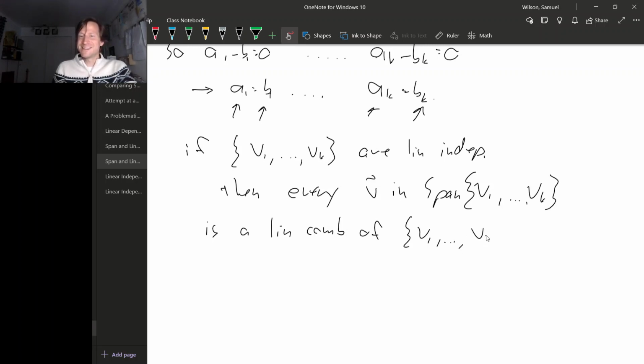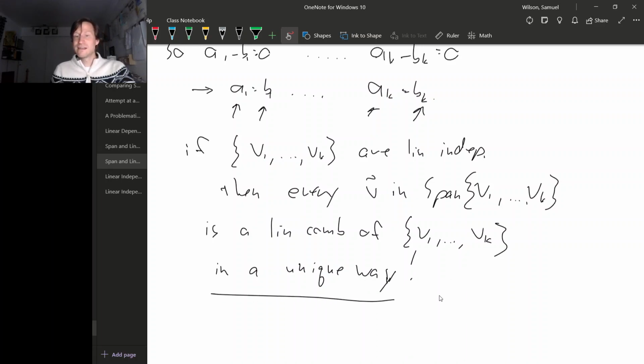So far we haven't said anything new. We've just repeated the definition of span. But the new piece here is that it's a linear combination of v1 through vk in a unique way. So this is the new part. This is what we just showed.